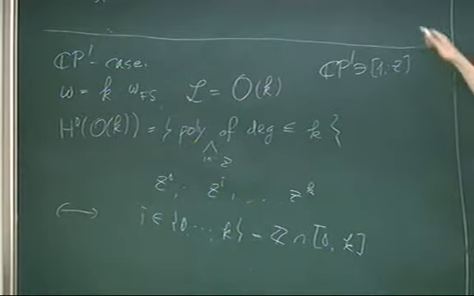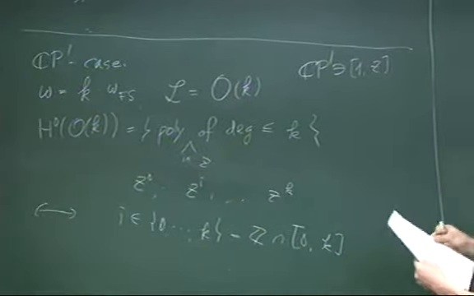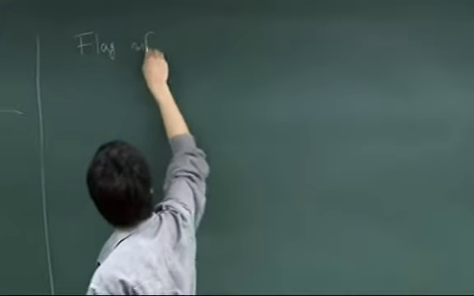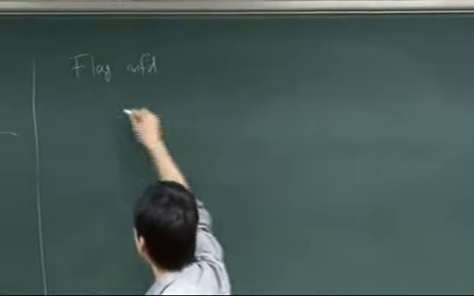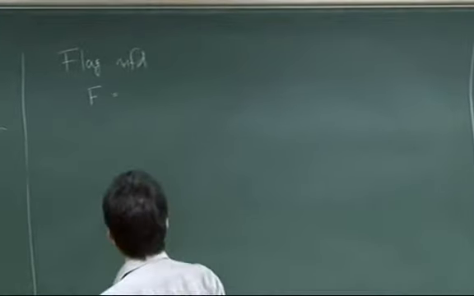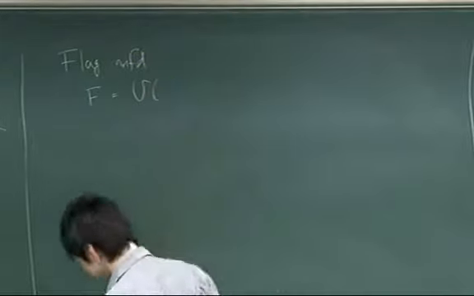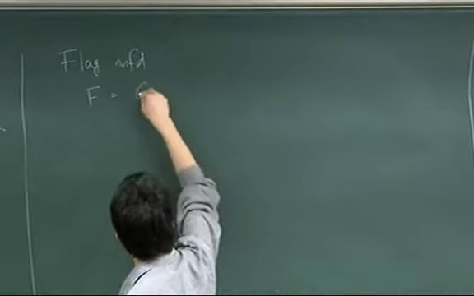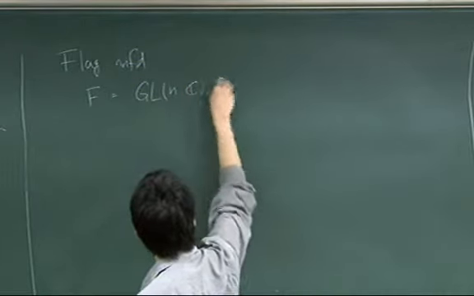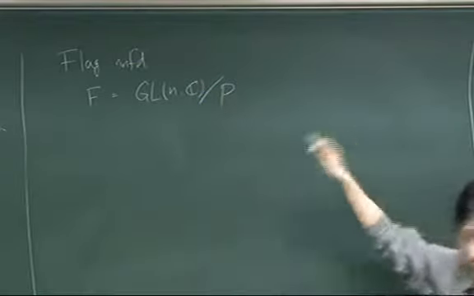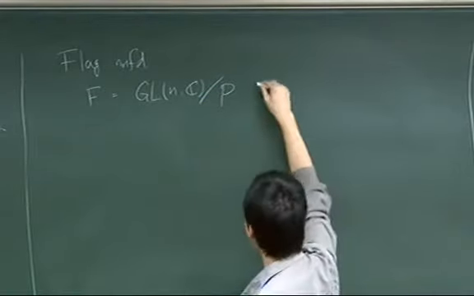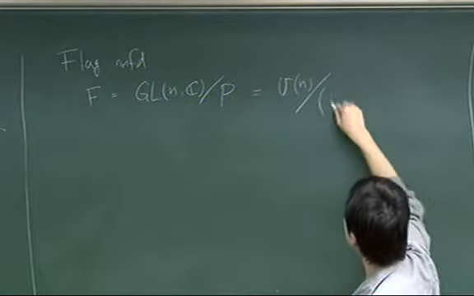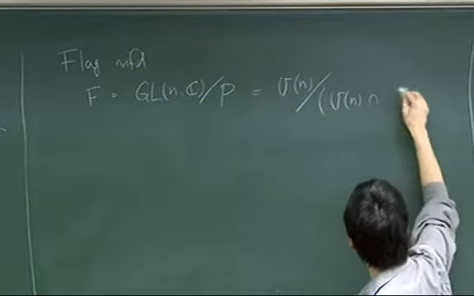And then we go to the flag case. A flag manifold is defined in general by GL_n(C) divided by some parabolic subgroup, or the unitary group divided by some subgroup.